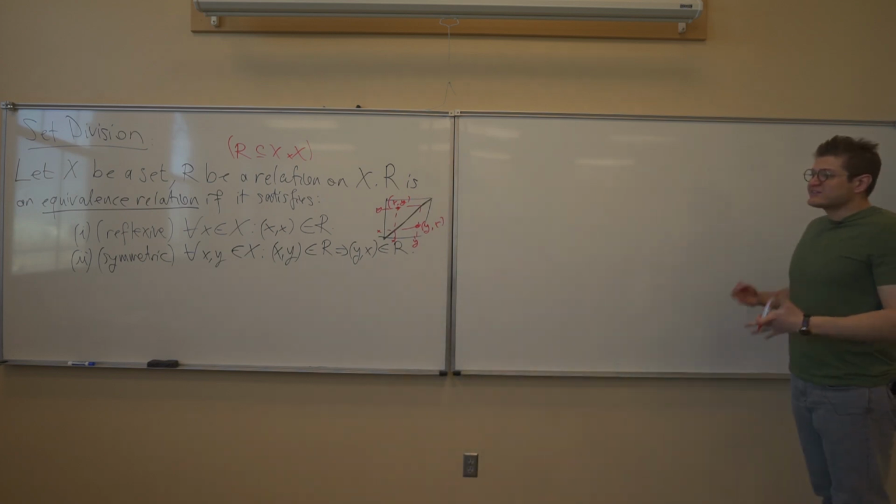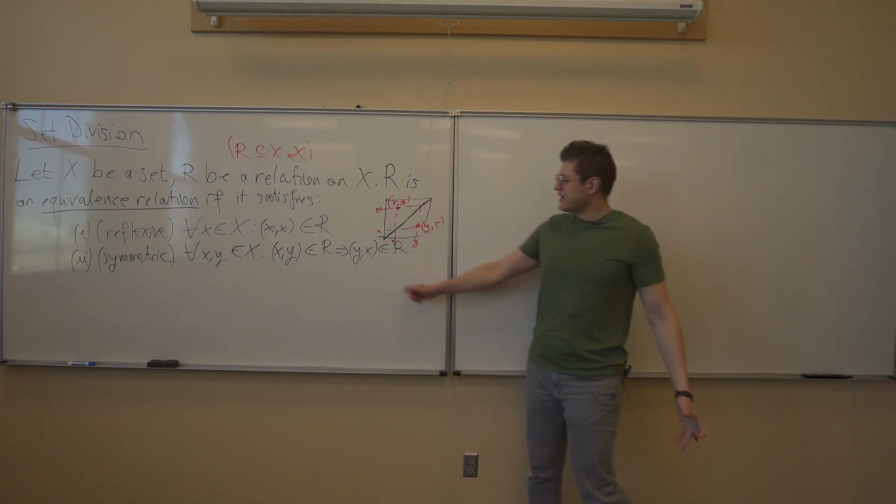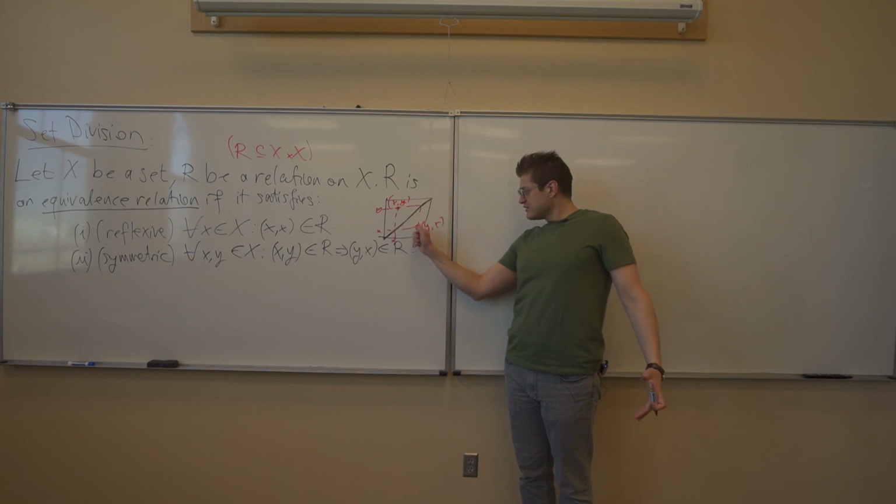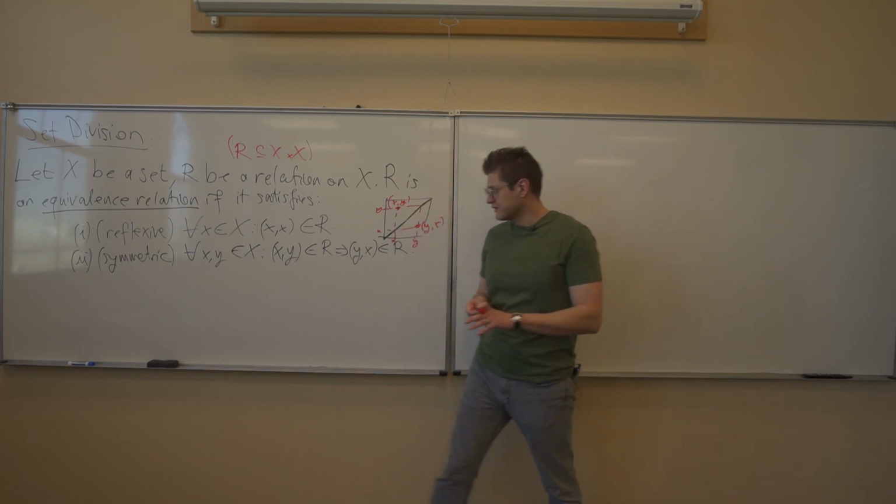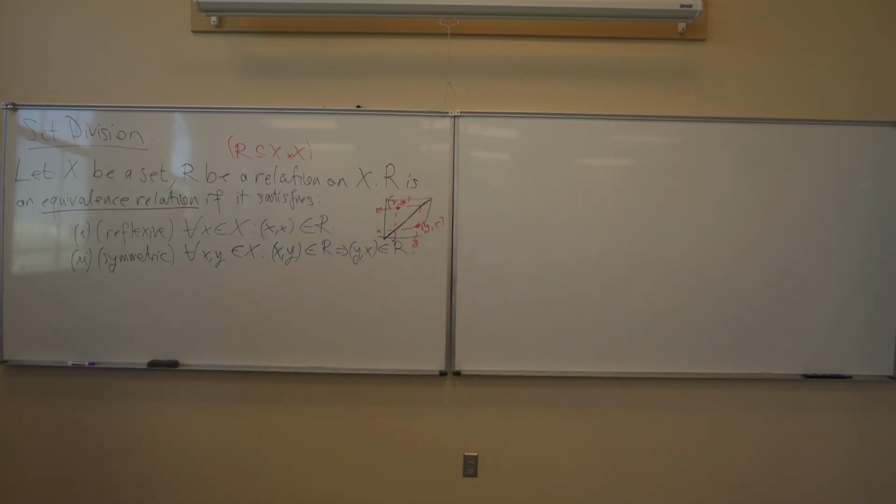I'm not saying that x comma y has to be in R, but what I'm saying is that if x comma y is in R, then so is its reflection. It is symmetric. Third, and this one is a little hard to draw, but it is still very important, is called the transitivity property.